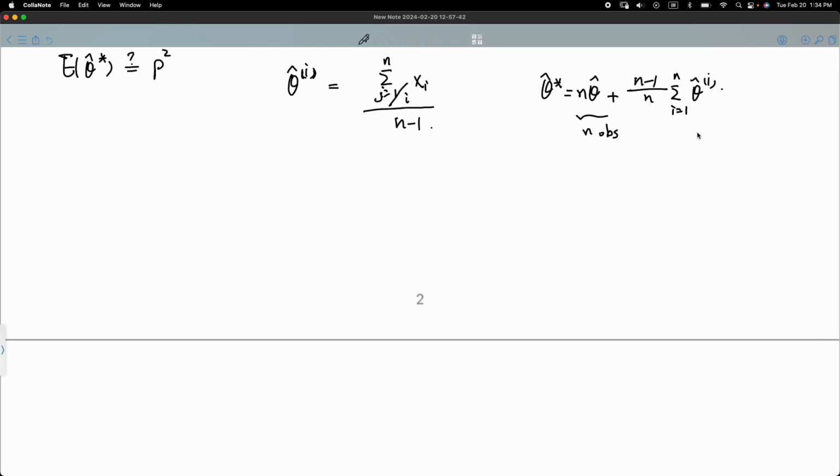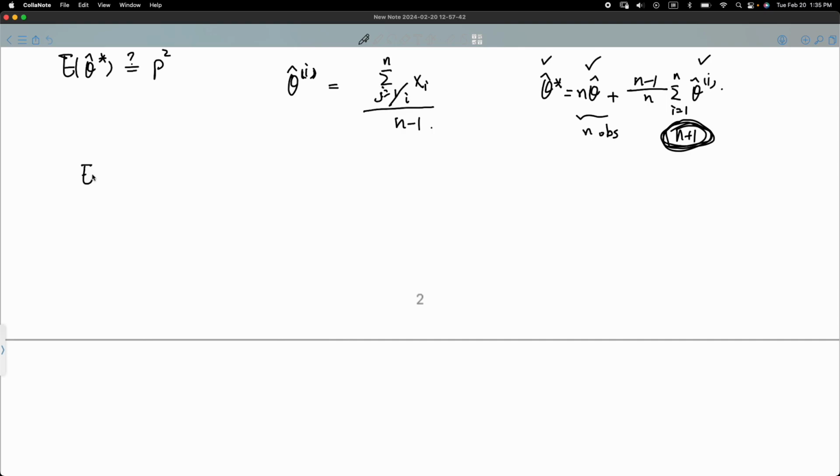So that means you need to perform n+1 operations in total, 1 for theta hat and n for the theta hat i. You need to perform n+1 operations in terms of computer operations to achieve this, and that would be one way to reduce bias.